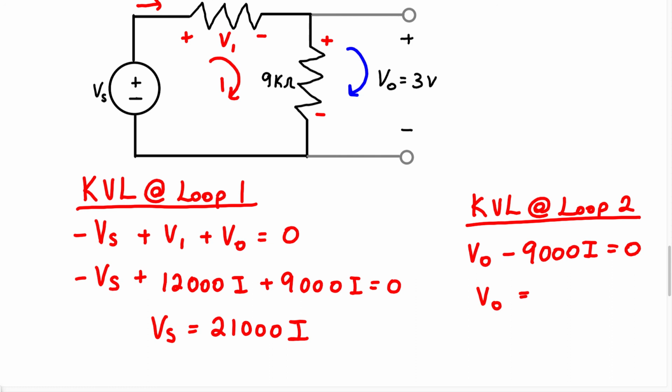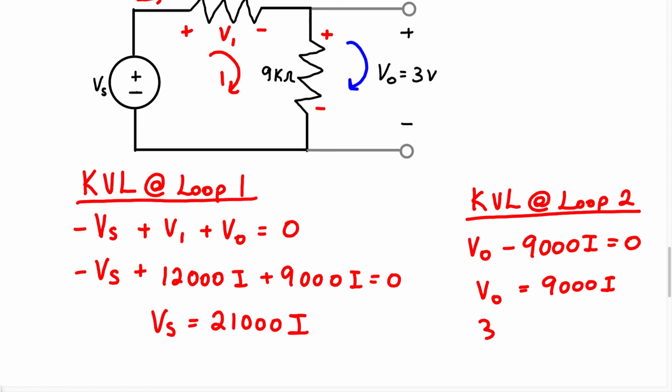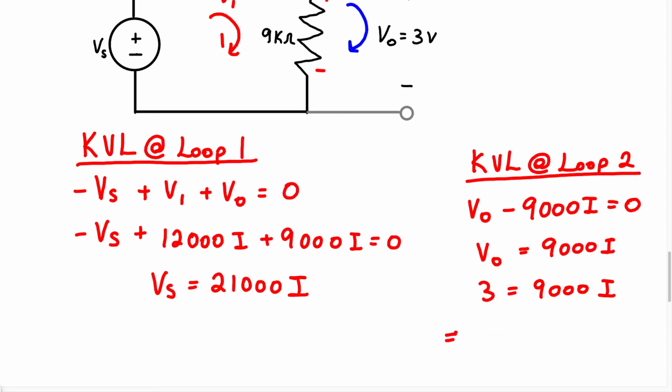So when I solve for this, VO equals 9,000 I. Now, what is the value of VO? We know VO equals 3 volts. So we're going to write this as 3 equals 9,000 I. Therefore, when we solve for this, we can say I equals 3 over 9,000.